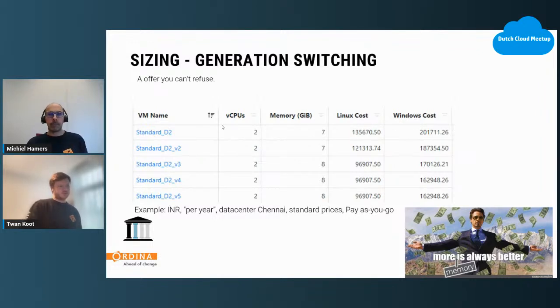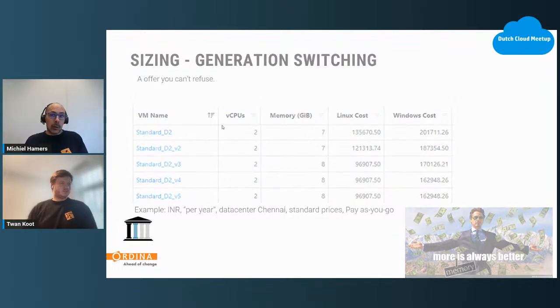And Michiel is now going to show you something really interesting in terms of the performance you get. Yeah, because with a newer version, you get more memory and the same CPU with less cost.